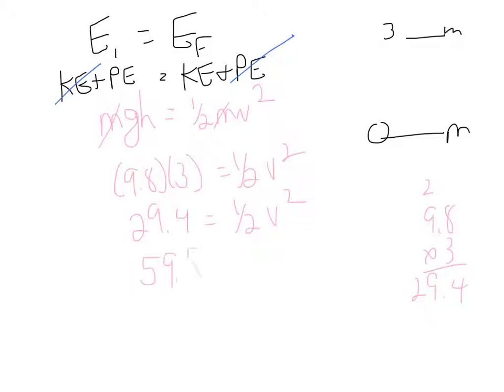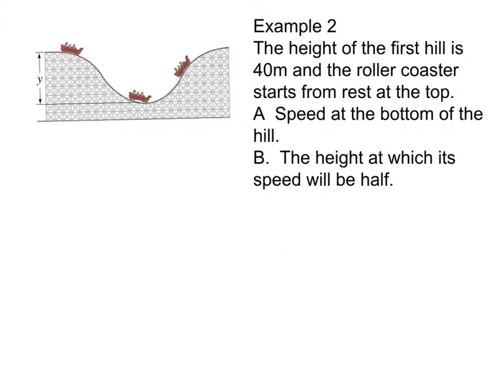So we're looking at 58.8 equals v squared. And then we're going to take the square root. And my velocity equals 7.7 meters per second. Sweet! Like next.